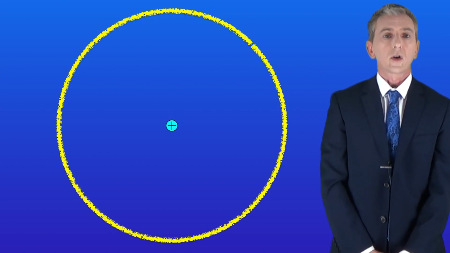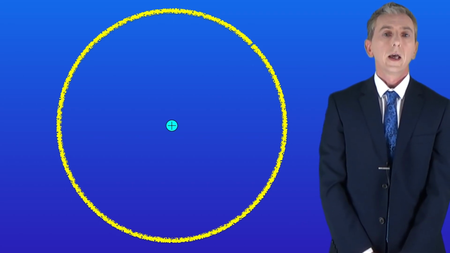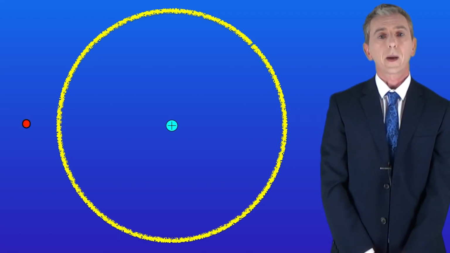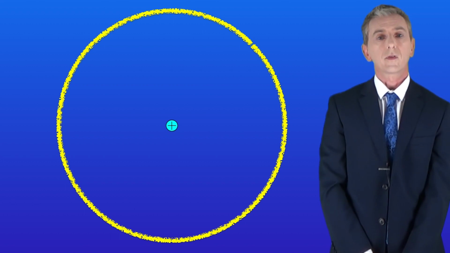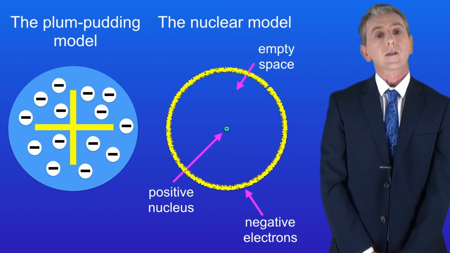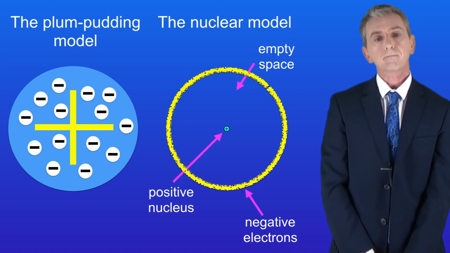Some of the alpha particles are deflected as they pass very close to the positive nucleus and are repelled, and some of the alpha particles directly strike the nucleus and are repelled straight back. This tells us that the nucleus contains most of the mass of the atom. So as you can see, new experimental evidence led to the Plum-pudding model being replaced by the nuclear model.